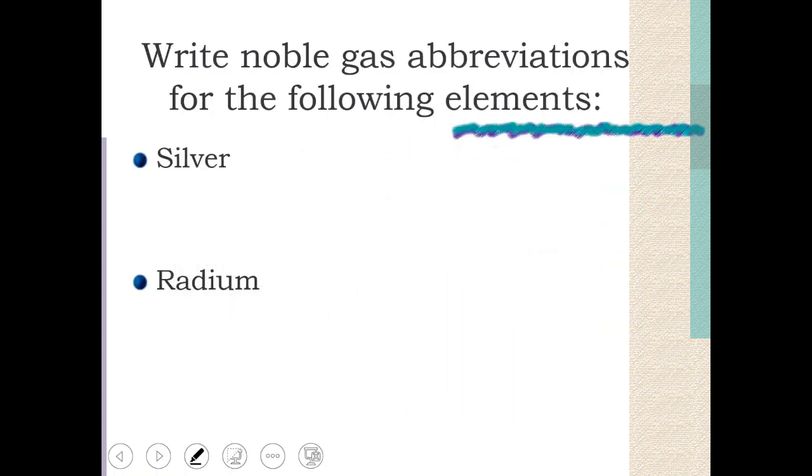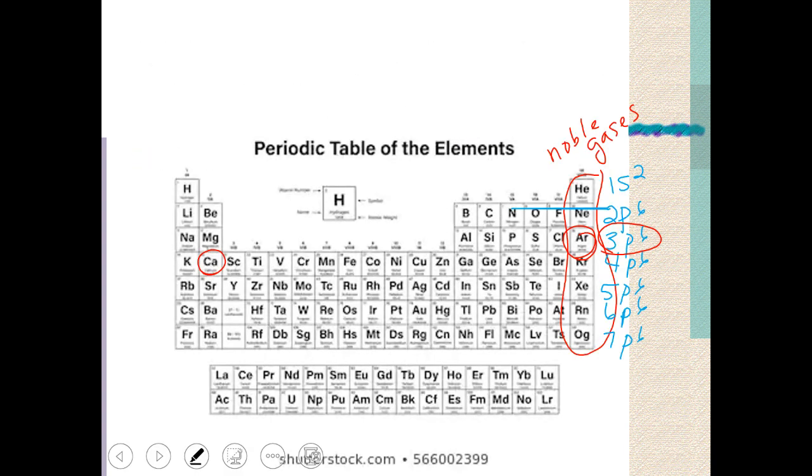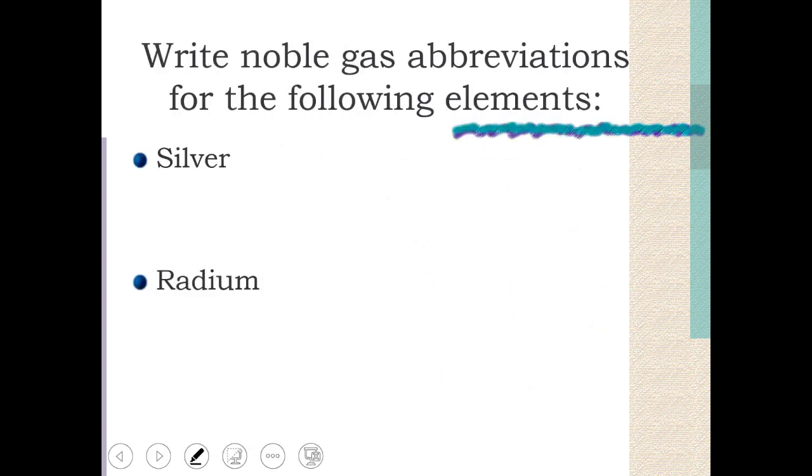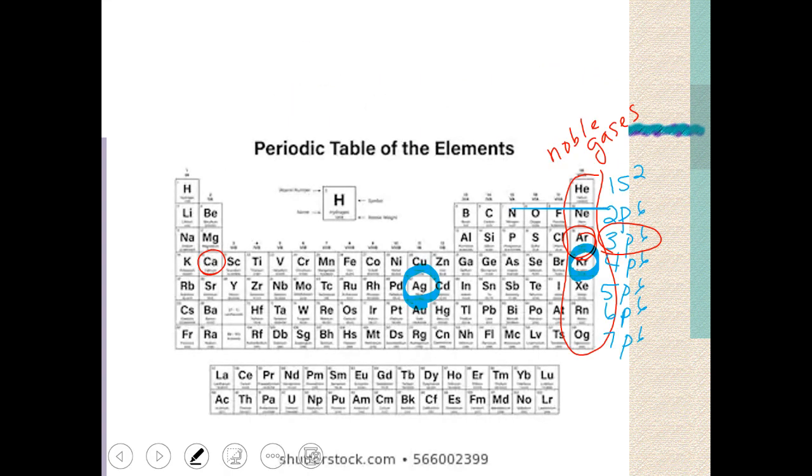Let's try some others. You got to do silver and radium. Okay. Let's see where the silver is. Right here. Last noble gas before silver, krypton. Silver has 47.